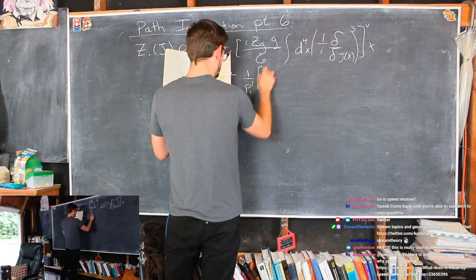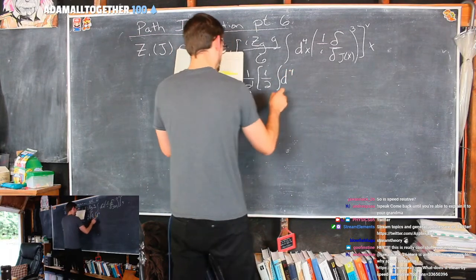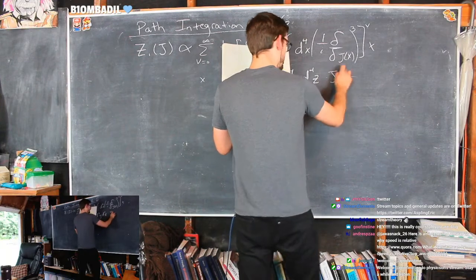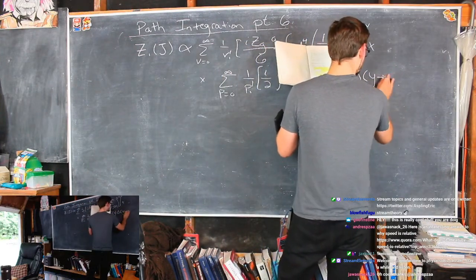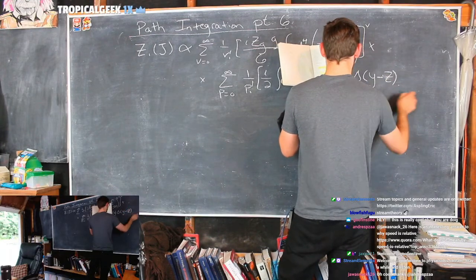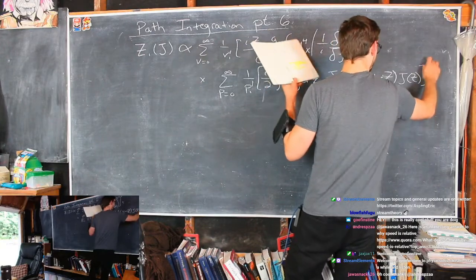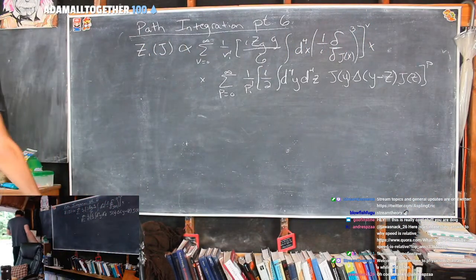And I'll give you the little rundown of what all this stuff is. If you've been following along, you maybe know what all this stuff is. J of y, our propagator, we love our propagator. It turns into a propagator, you get the picture. Z all to the p. Now, these are the sums that we got last time.